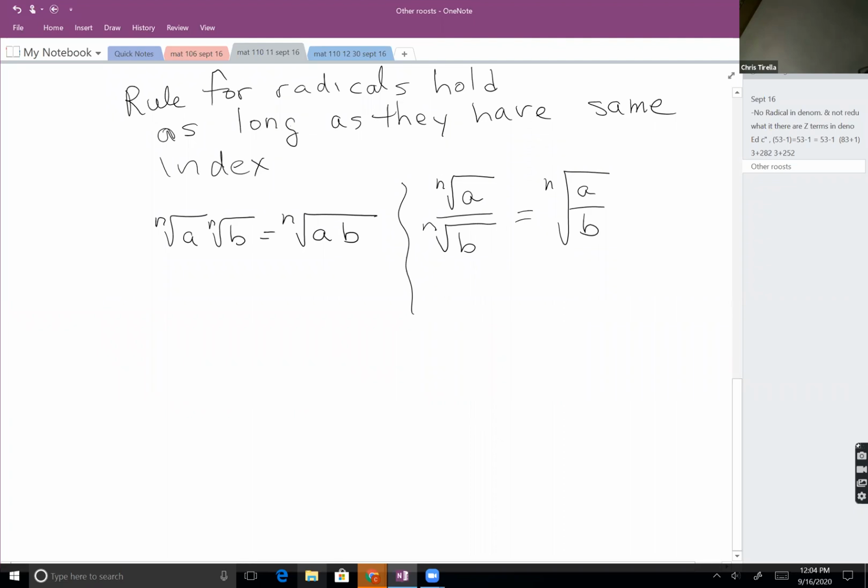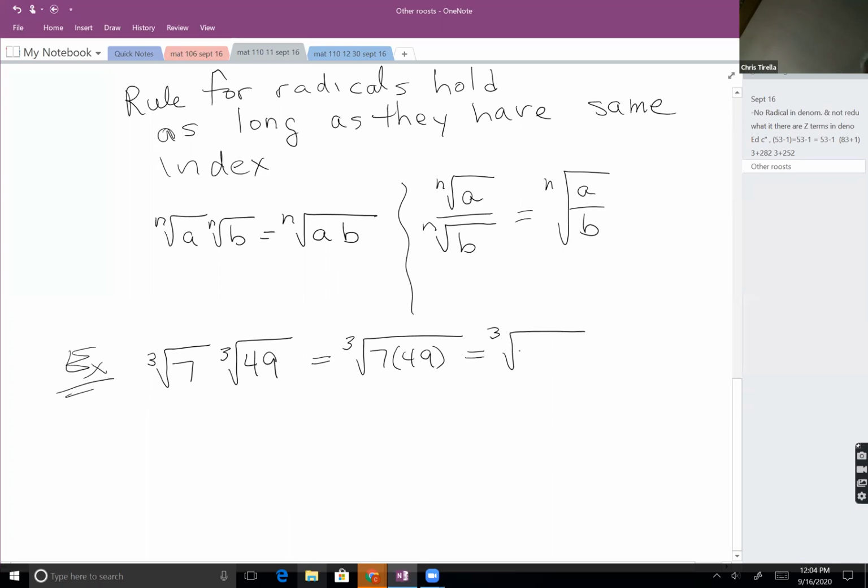And when we add and subtract like radicals, we're adding to the idea that for radicals to be like, the index has to be the same. So let's look at an example. If I have the cube root of 7 times the cube root of 49, that would be the cube root of 7 times 49, which would be the cube root of 343, which is 7.